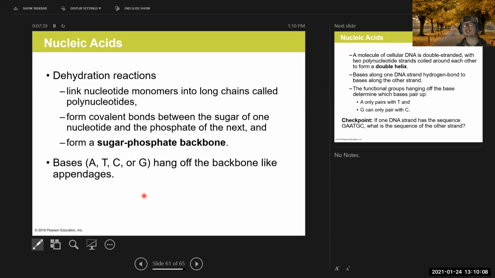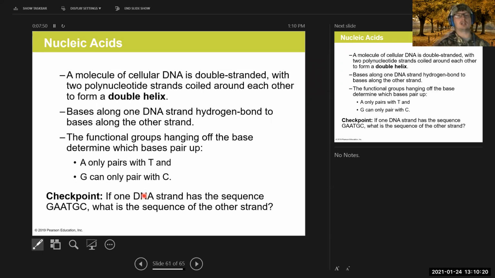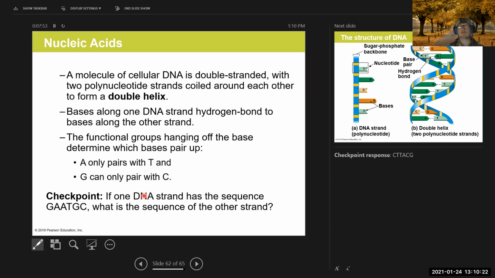And this allows them to interact with the other DNA backbone that makes up the double helix, the double helical structure of the DNA molecule. And DNA molecules are double-stranded. They have two polynucleotide strands, and these strands coil around one another to form this double helix structure.